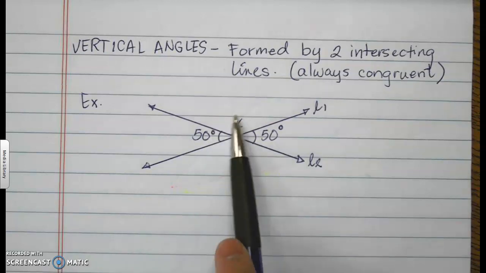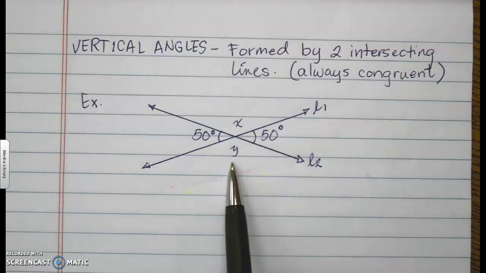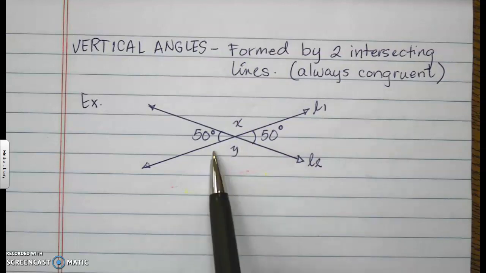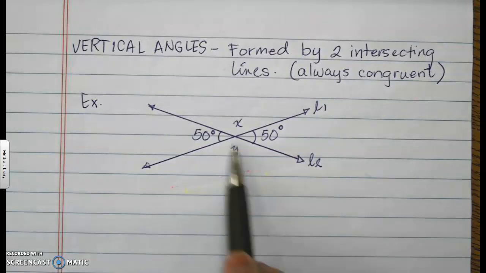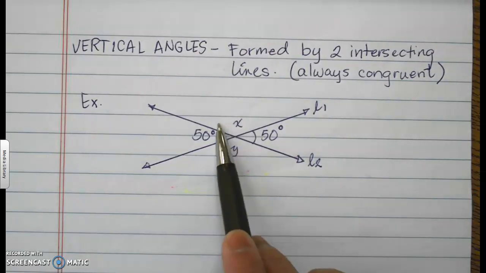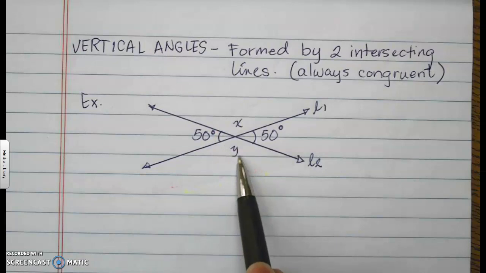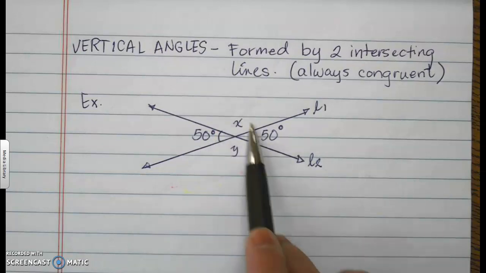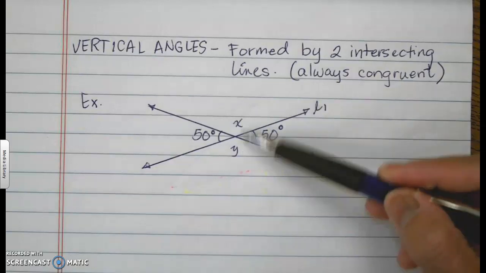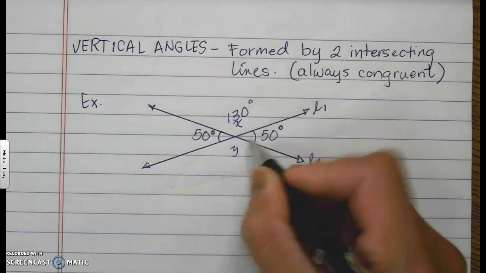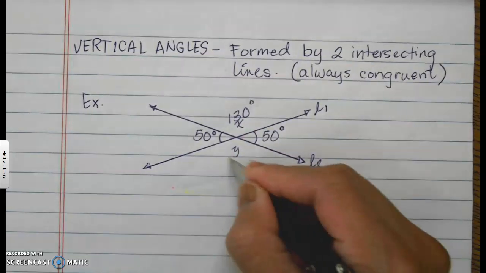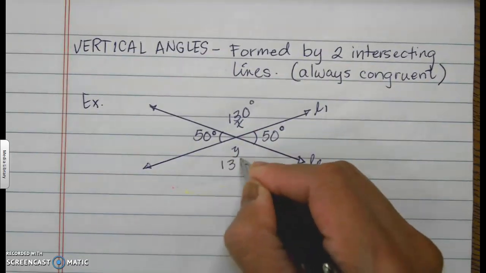If that is 130, you know that these two are vertical, so this must also be 130. Another way is to look at this like a circle. A circle has 360 degrees, and if you subtract 100 from 360 degrees, it follows 260, and 260 divided by 2 becomes 130 degrees. So your x is 130 degrees, and your y is also 130 degrees.